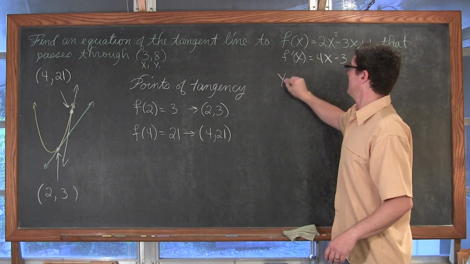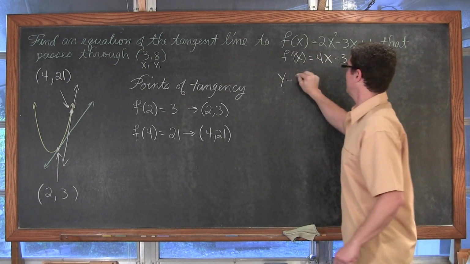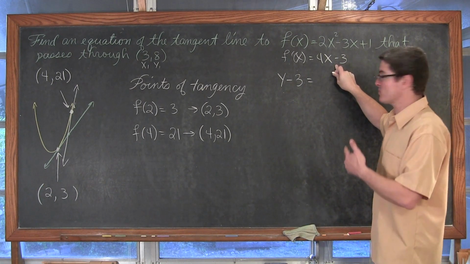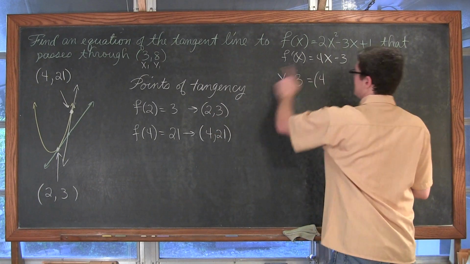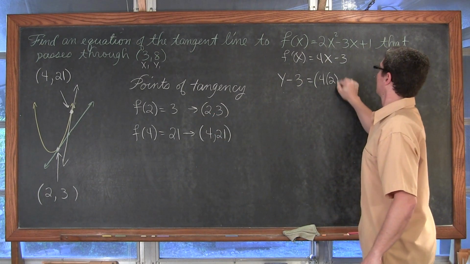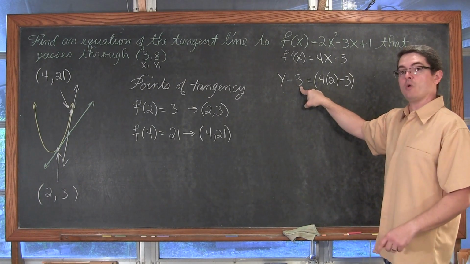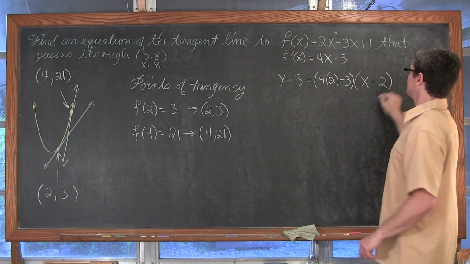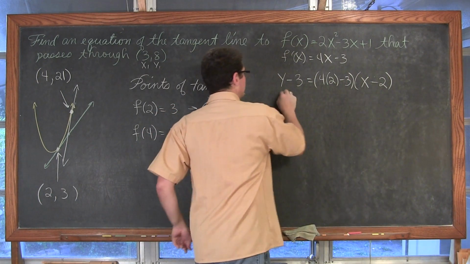So we got y minus, I'm going to use point slope form, so y minus the y of our point, which is 3, is equal to m. Okay, well that's going to tell us what it is. So 4 times our x-coordinate, which is 2, minus 3. So that's our y minus y sub 1 is equal to m times x minus x sub 1. 4 times 2 is 8, and 8 minus 3 is 5.